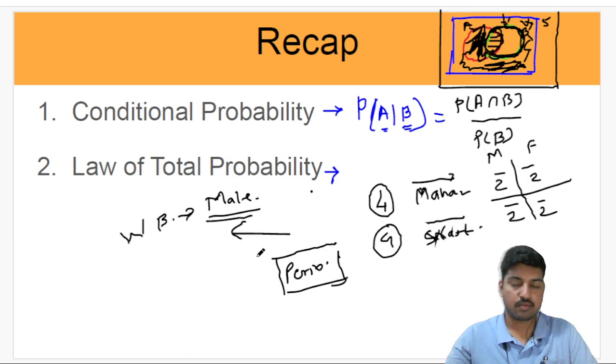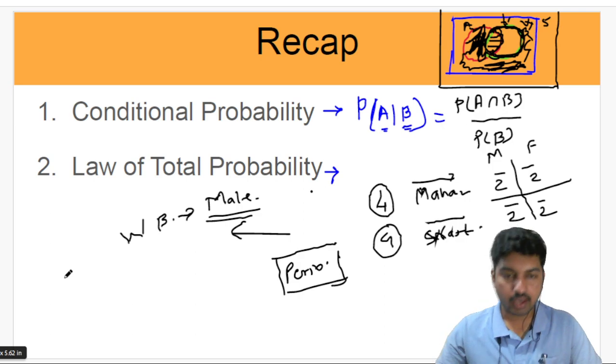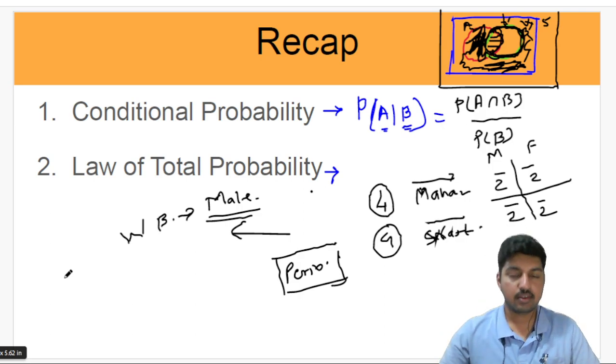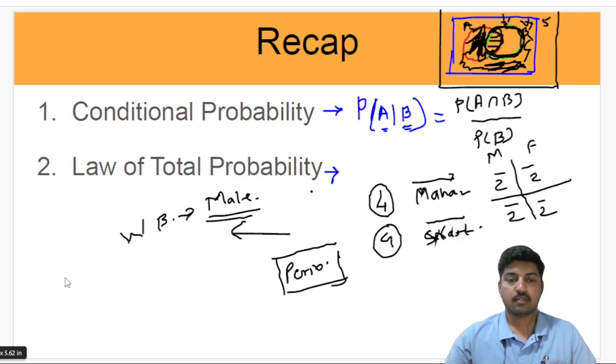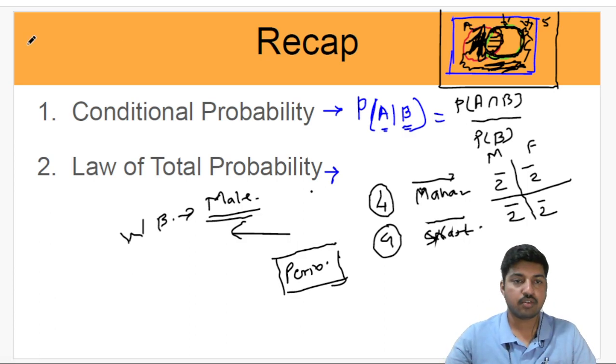Okay. So see, have you calculated anything? Is it 1/4? Okay, you have calculated this 1/4. I will write here for you. It is 1/4. This is what you have calculated.